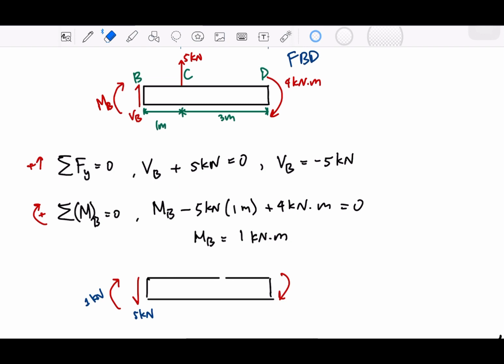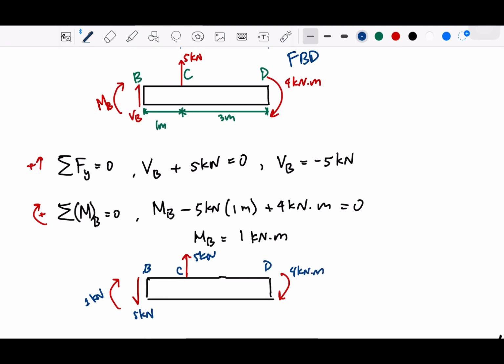It's too long from that point. Let's write a little bit closer there. 5 kilonewtons, so B, sorry, C, and D is 4 kilonewtons.